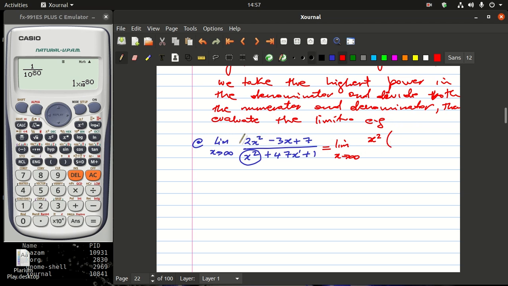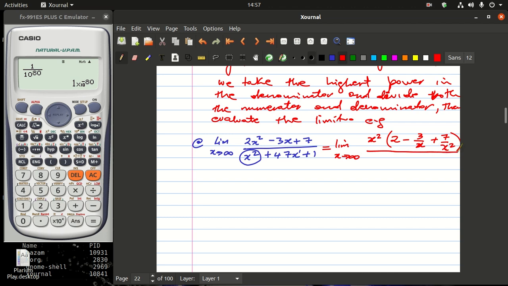If I'm taking out x squared, I will end up being left with 2 minus 3 divided by x, because 3x divided by x squared is going to be 3 over x, and then plus 7 divided by x squared.